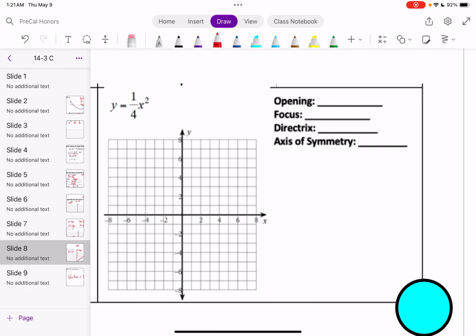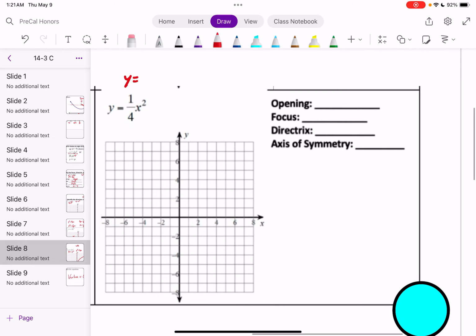We have y is equal to 1/4 x squared. In this case, we are taking a look at what is available. Now our generic equation would be y is equal to 1/(4p) x squared. Since we have y by itself, this would be in the direction of an up and down problem.